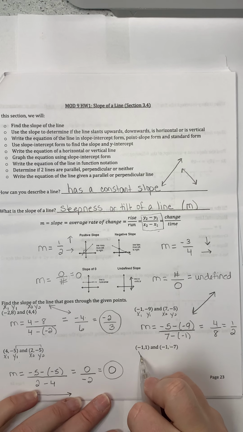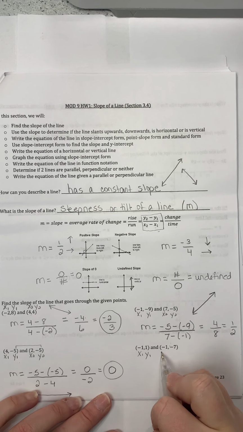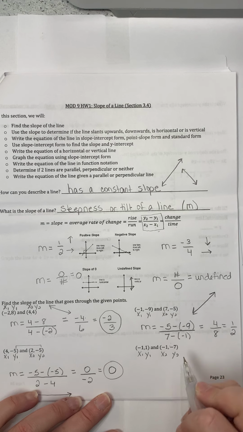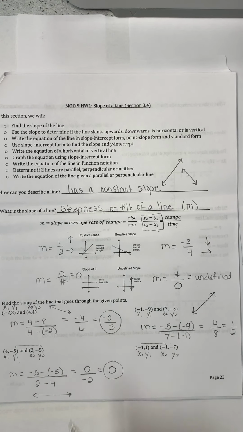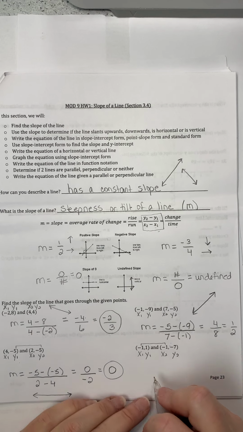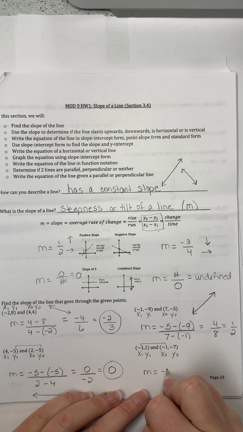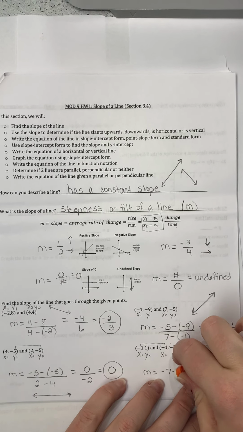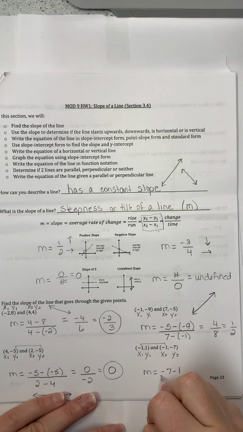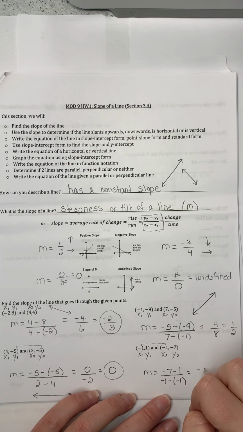All right, here we go. If I do x1, y1, x2, y2, I happen to notice my x values are the same in this case. So again, it's going to be one of these special lines. So I do y2 minus y1. Whoops, I don't need to put y1 in parentheses because he's positive. Divided by negative 1 minus a negative 1. That's going to give me negative 8 over 0.